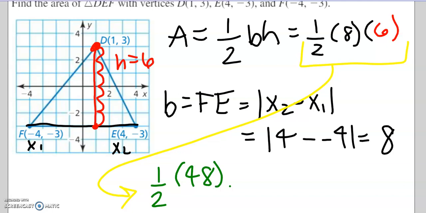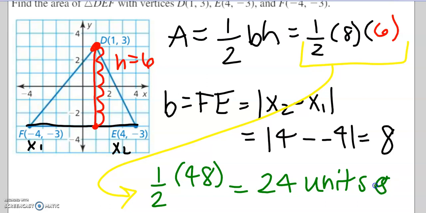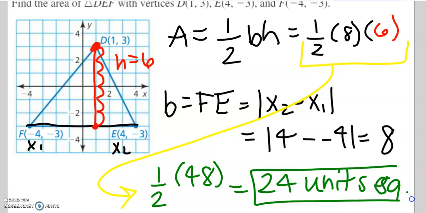And now, guys, 48 divided by 2. 1/2 times 48 is just 48 divided by 2, which gives me 24 units squared. There's my area. Okay? There is how we find area of a triangle using that formula.